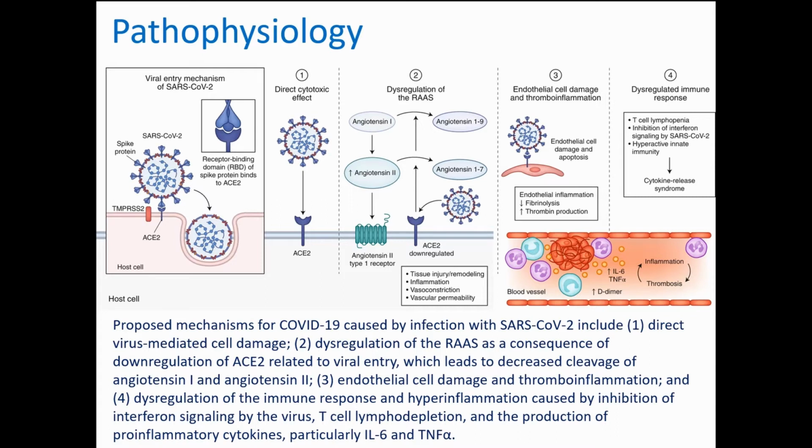Chief among them would be dysregulation of the renin-angiotensin-aldosterone system, which in the next slide I'll talk about in specifics, followed by endothelial cell damage, which then consequently results in thromboinflammation, and then dysregulation of the immune system.